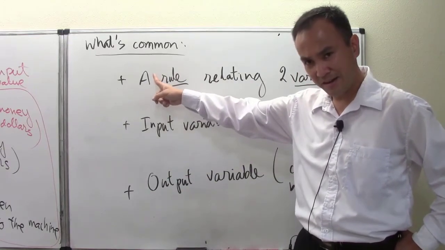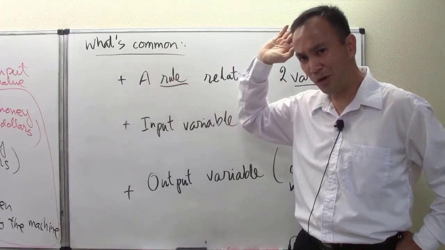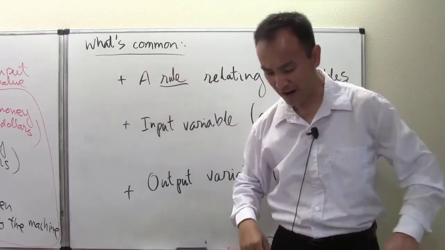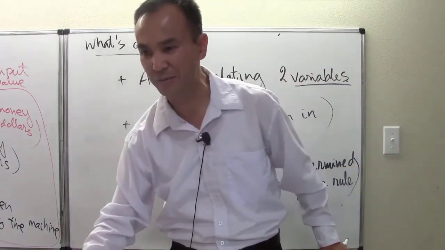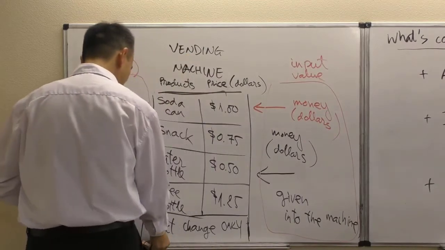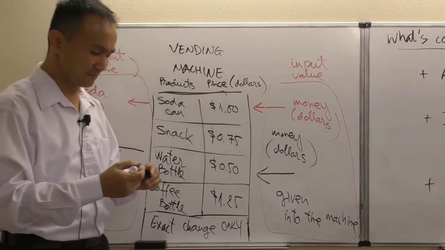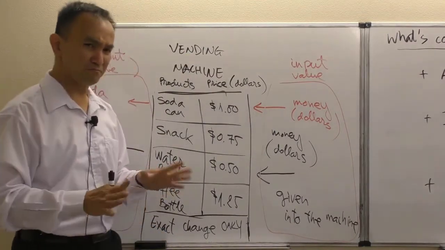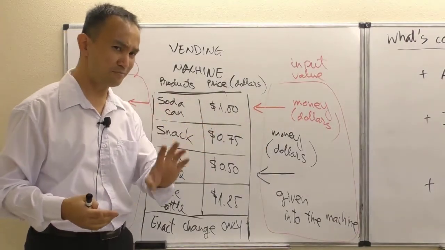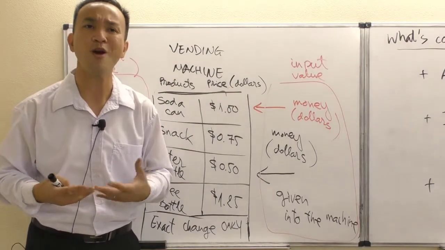But now there's actually one more hidden factor, a hidden secret that now needs to be brought out. Let me go back to the vending machine problem that I brought up earlier. Just simply being a rule that takes an input and gives an output, sometimes a rule is not well done.